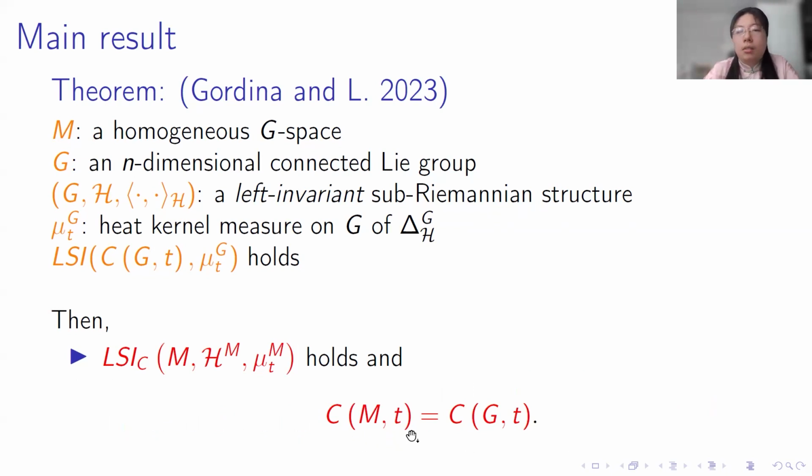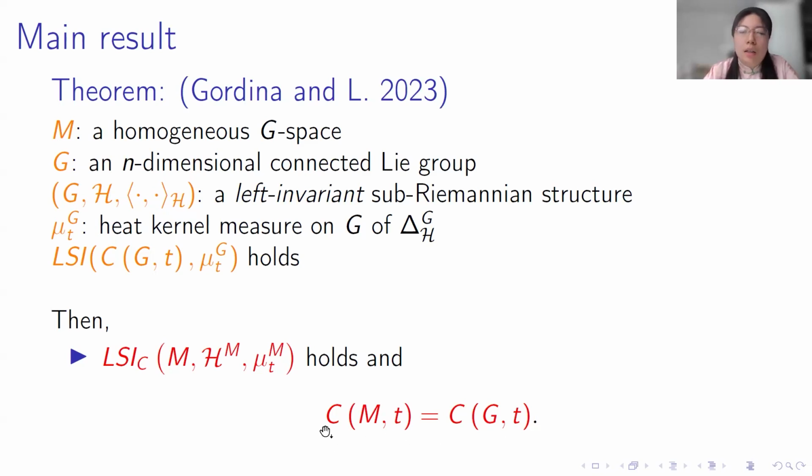That is, the log-Sobolev constant on M can be chosen to be the same as the one on G. This equation allows us to track the dependence of the log-Sobolev constant on the geometry of the underlying space M.